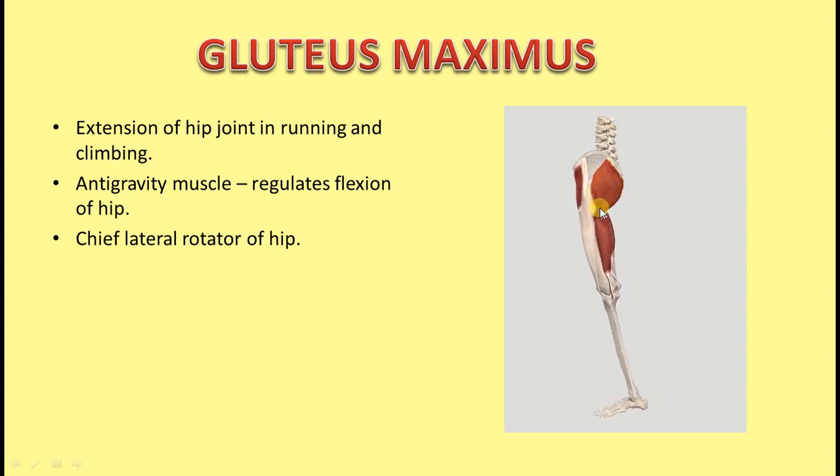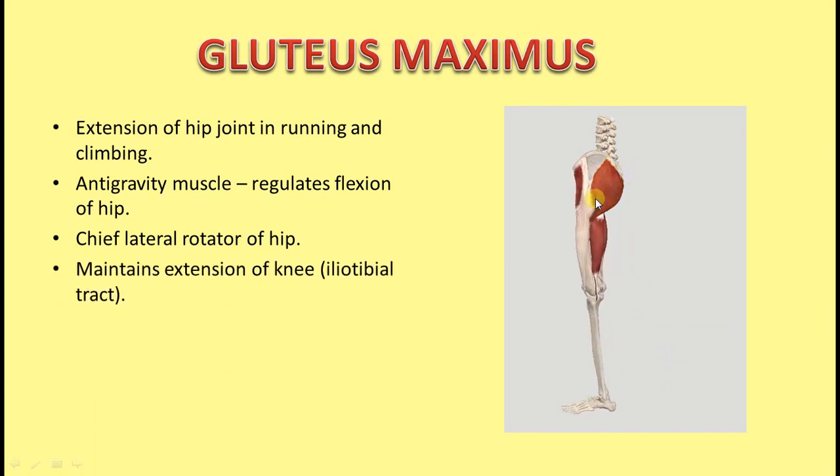Okay, and the upper fibers also take part in abduction of the hip, and through the iliotibial tract it maintains the extension of the knee joint also. Okay, so it maintains the extension of the knee joint via the iliotibial tract.